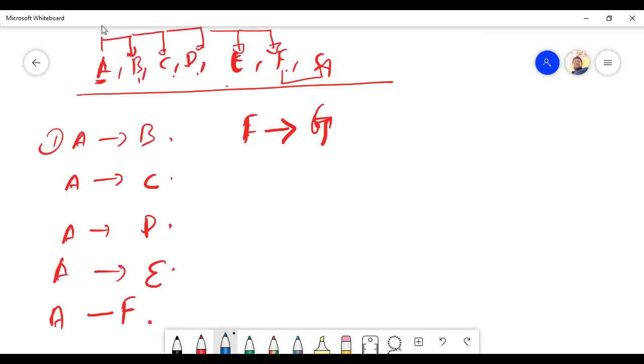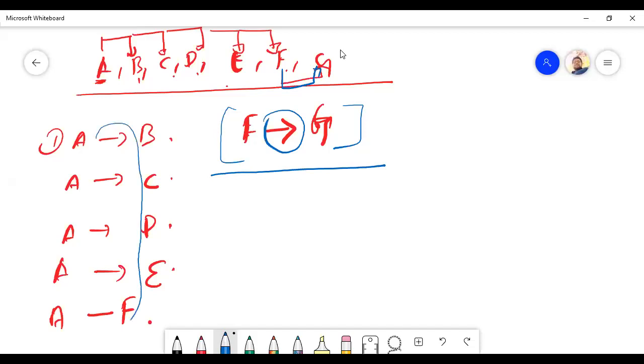You can see here, G is depending on F. Whatever we have learned, this depending means dependency, functionally depending.